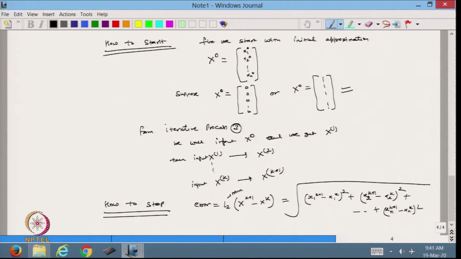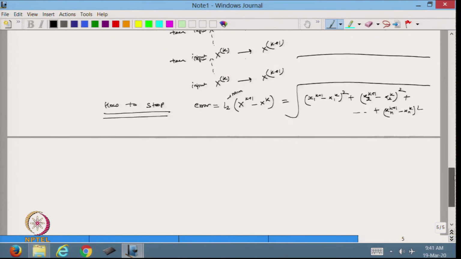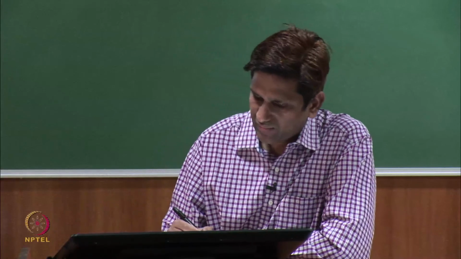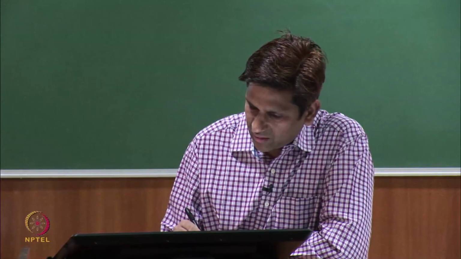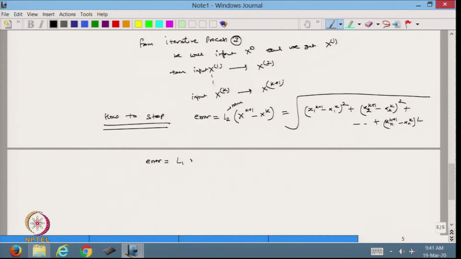So, this is called the L2 norm, or maybe in other books we can also take the error as the L1 norm. L1 norm means that I take the modulus of x1 k plus 1 minus x1 k, the modulus of x2 k plus 1 minus x2 k, and so on, all the moduli up to xn k.